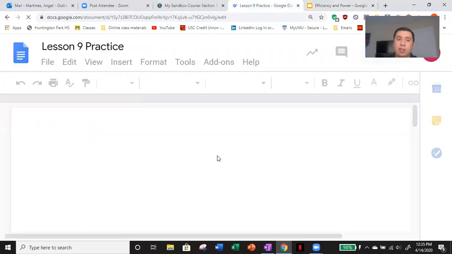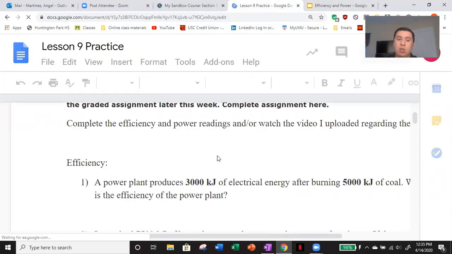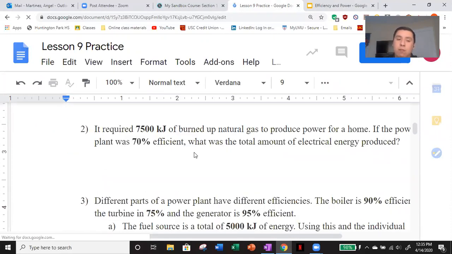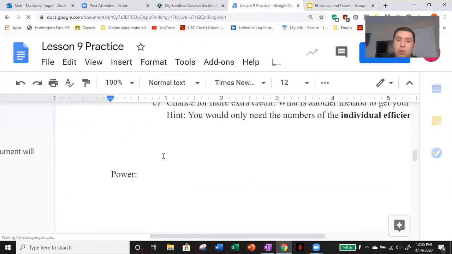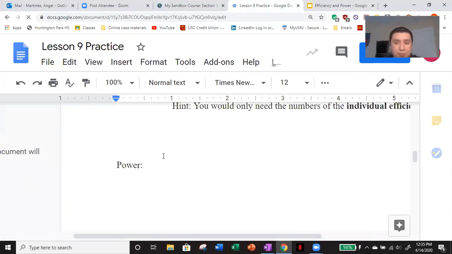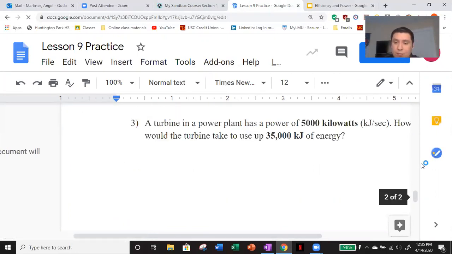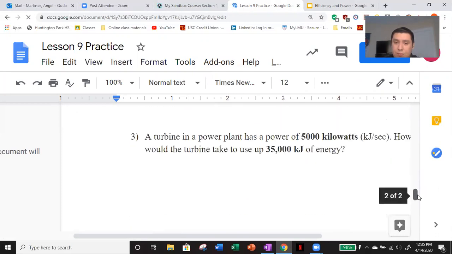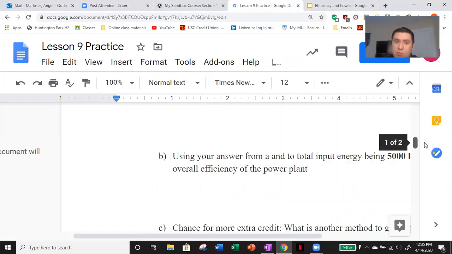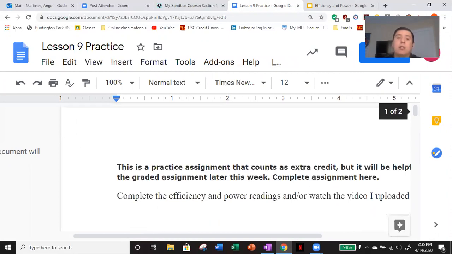You'll have this lesson 9 practice, and it'll have basic word problems to solve for efficiency and power. And I believe there's 5 questions total. It won't be this zoomed in when you click on it. Right, there's 6 problems.